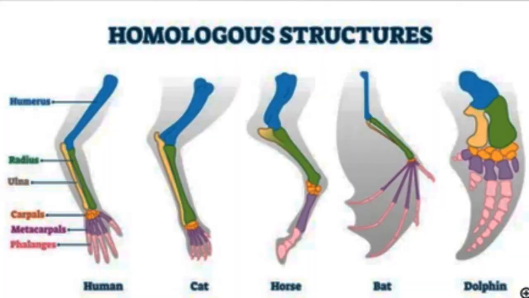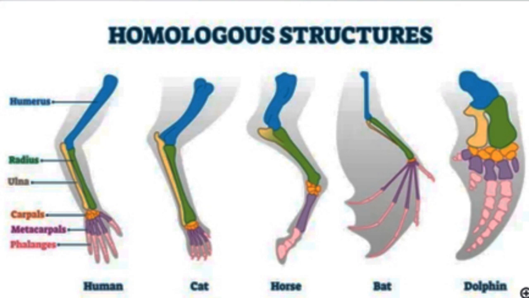An example of homologous structures is this. Look at this picture. This picture shows the same basic pattern of bones of different animals. They all serve different functions, even though the basic bone pattern was inherited from a common ancestor. Look at this. This is the bone of a human, a horse, a cat, a bat, a bird, and a whale.